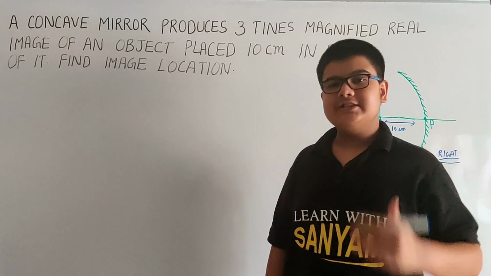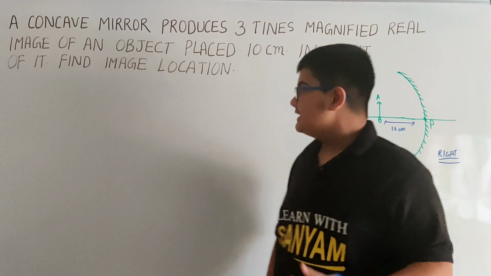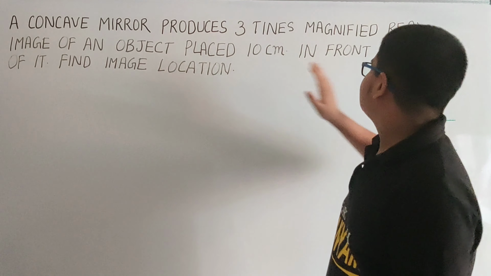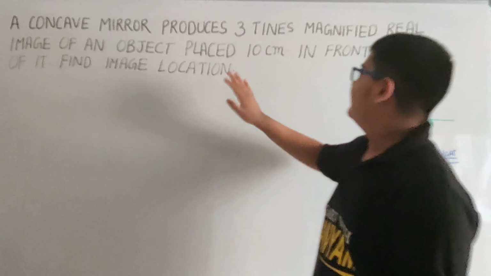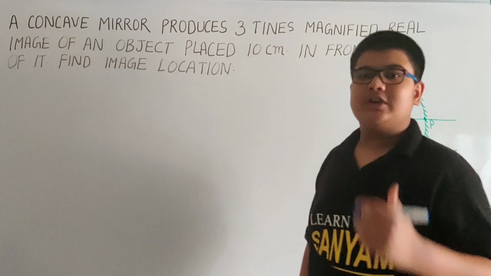So now let's solve a numerical based on magnification. In this numerical, it says that a concave mirror produces a 3 times magnified real image of an object placed 10 cm in front of it. Find the image location.